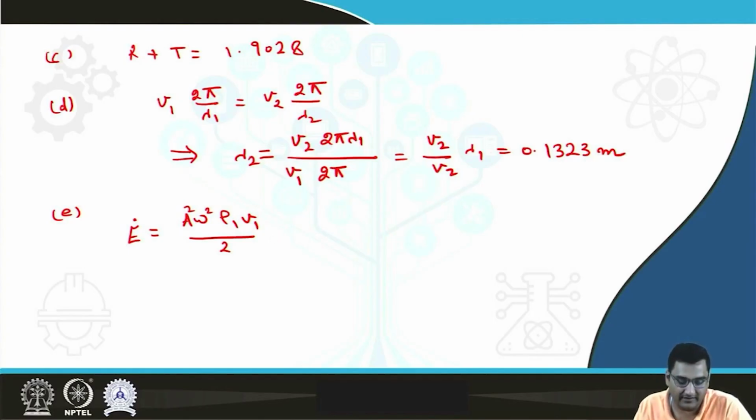Before any energy enters into string 2, you are taking the incident wave amplitude, multiplying it with the square of the angular frequency, the density of string 1, then the velocity in string 1, and dividing by 2.